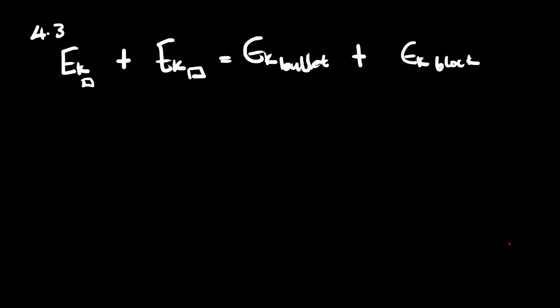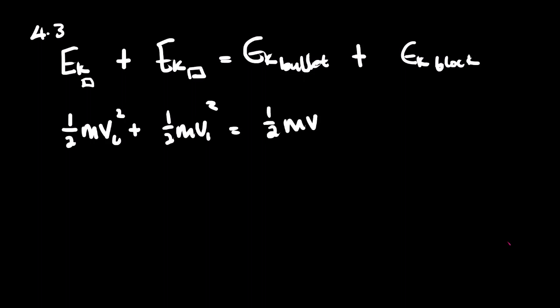Then we know very well that EK is equals to half mv squared. We have half mv squared for the bullet, plus half mv squared for the block, it's equals to, you can just do the very same thing here, but it's the final velocities.